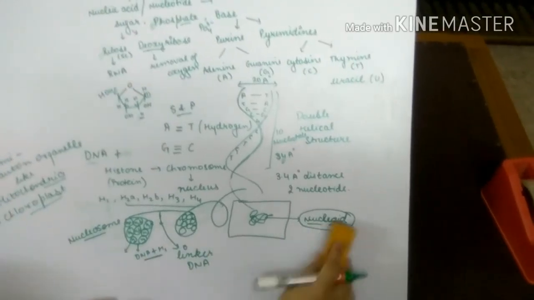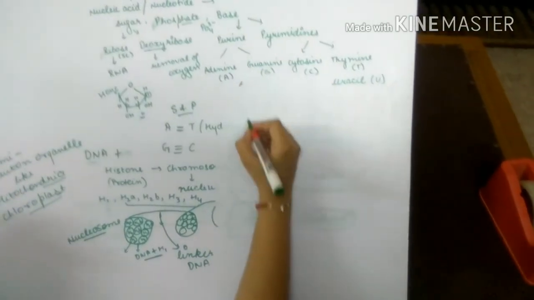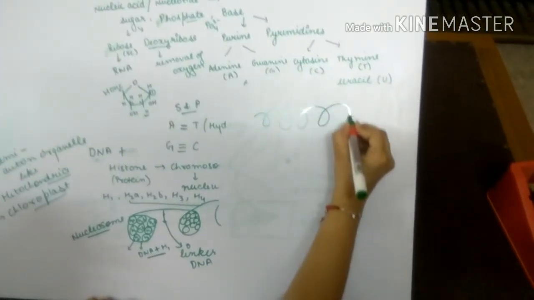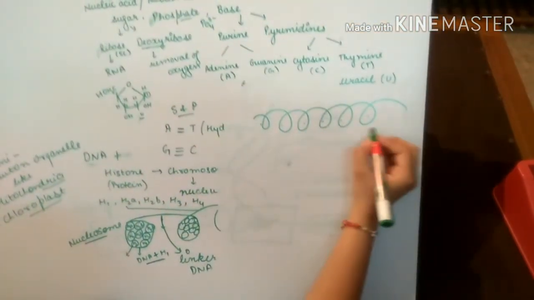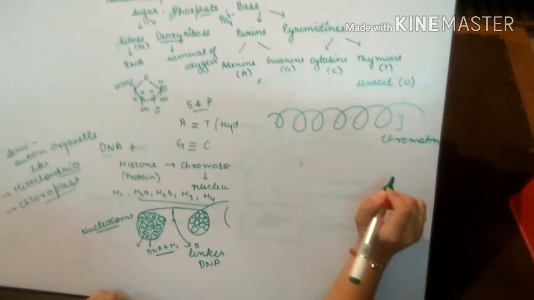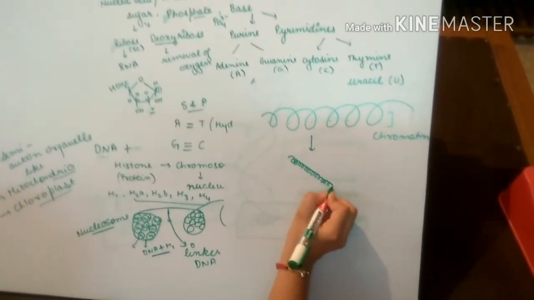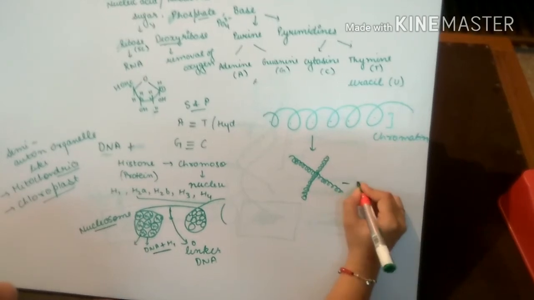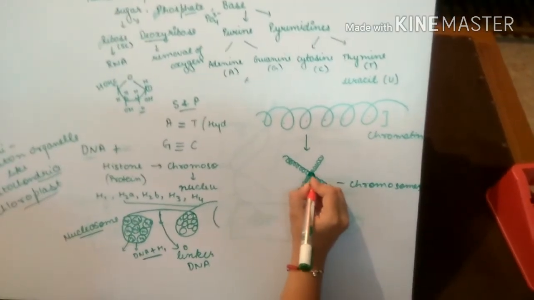In this, if DNA is coiled to chromosome, the nucleosome structures get coiled around themselves like this. These are the nucleosomes. These are coiled and thus form a chromatin, which if it is further coiled like this, it forms a chromosome structure, which is joined at some point.